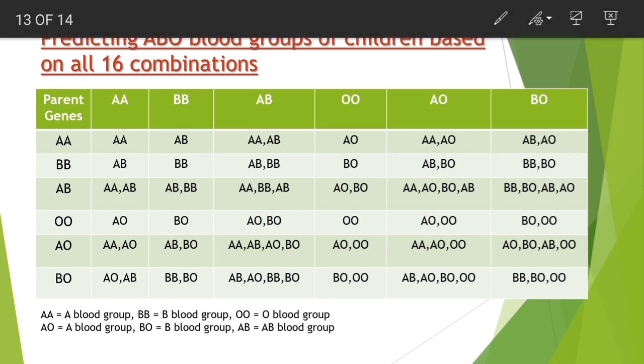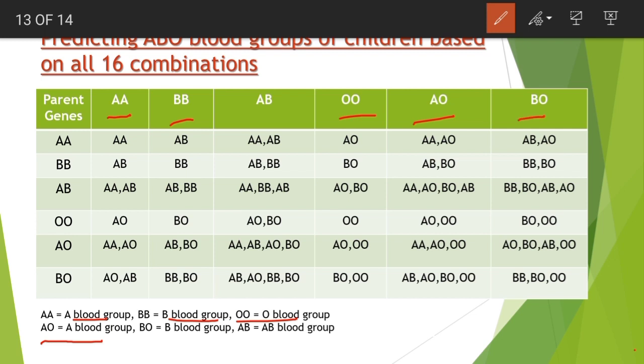So now here are AA, which resembles A blood group, BB, which resembles B blood group, OO, which resembles O blood group, AO, which resembles A blood group as O is recessive in nature and A is dominant in nature.